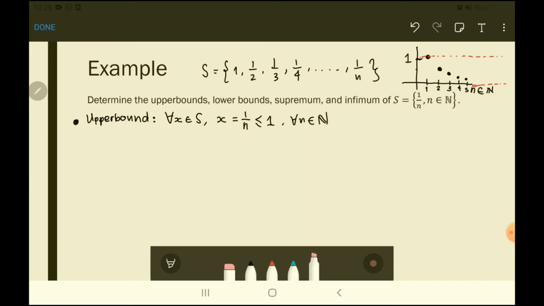I'm just taking the definition of the set here.